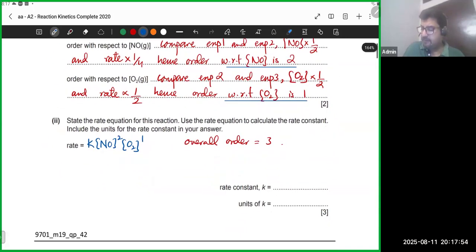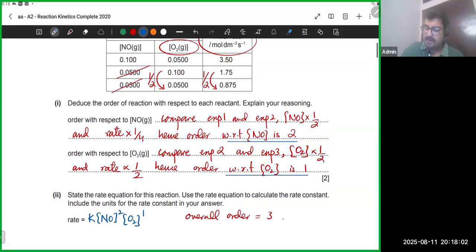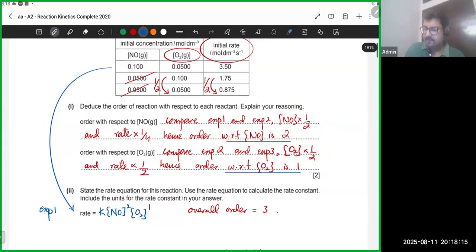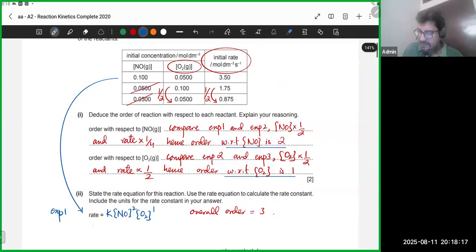Now he's asking you to figure out the rate constant K, using the rate equation. I have values for the experiments, for example experiment number 1. I'm going to plug that data into this equation. The only unknown is K. The rate is given, that's 3.5.